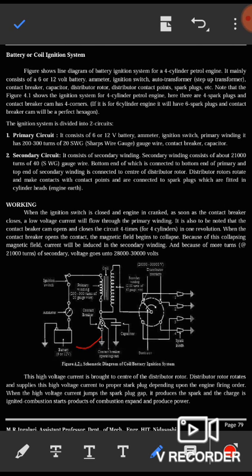You are having a 6 or 12-volt battery, ammeter, ignition switch, auto transformer, contact breaker, which I already showed in the diagram, capacitor, distributor rotor, distributor contact point, spark plug, etc. Here is the spark plug, capacitor, secondary winding, distributor contact, primary winding. The ignition switch is required, and the ammeter is required. Those are all already shown in this diagram.